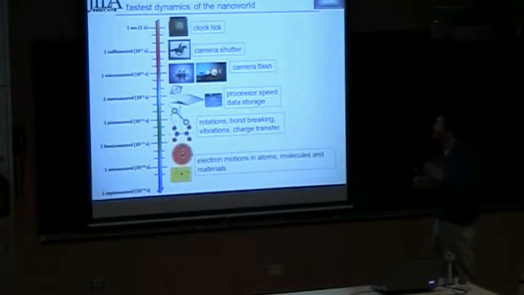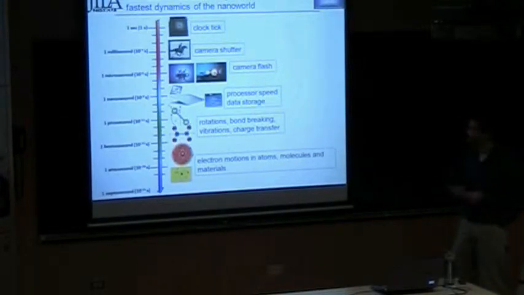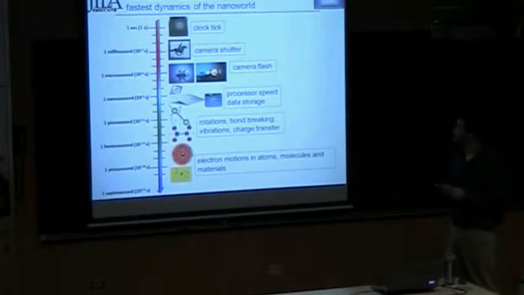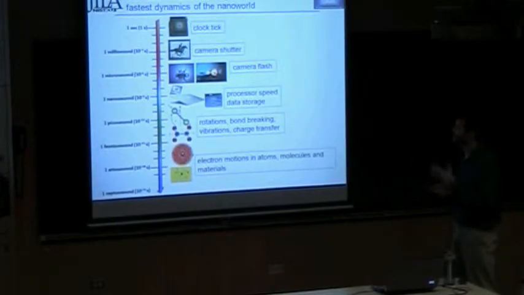On the other side, we're going to look at how you capture the fastest dynamics in the nano world. If you want to capture dynamics faster than your eye can see, what's the first thing you do? You take a really fast camera shutter, and you take a series of images, and then replay those images on a much slower time scale so that we can watch how things evolve in time.